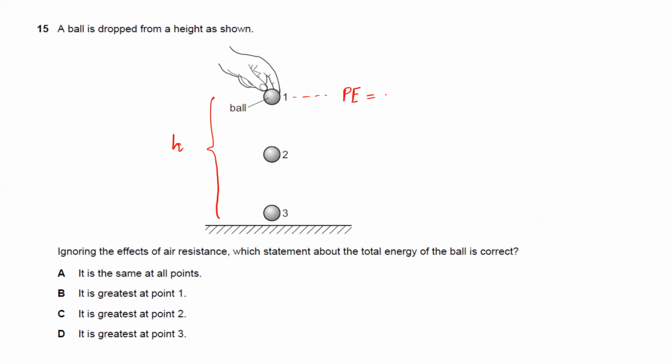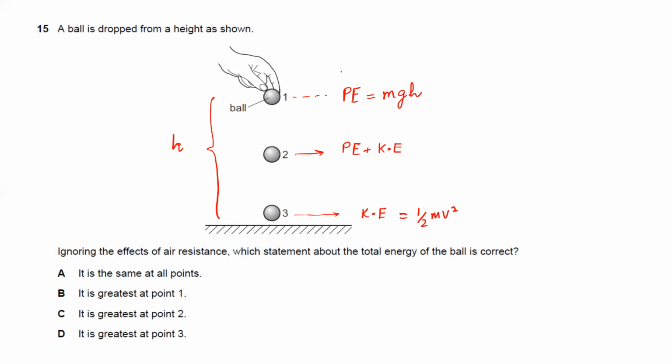So potential energy will be mass m g h, mass into gravity into height. At this point, the energy will be potential energy plus kinetic energy. And at this point, just before hitting the surface, the ball will have maximum kinetic energy, and that value is half m v squared.